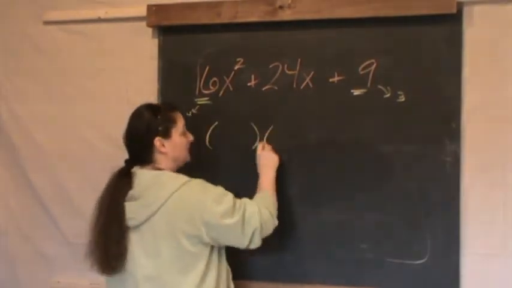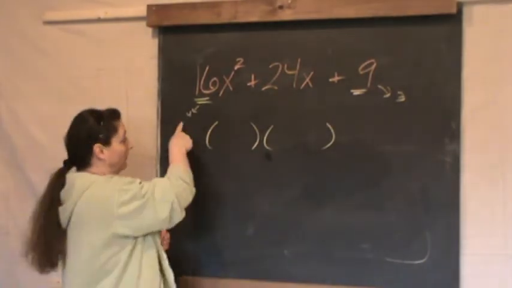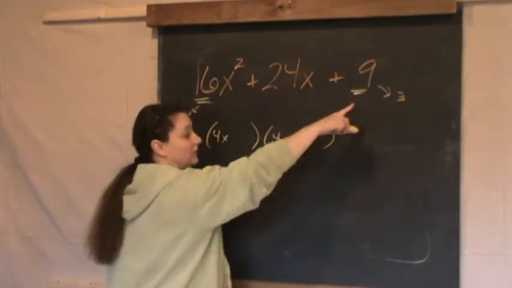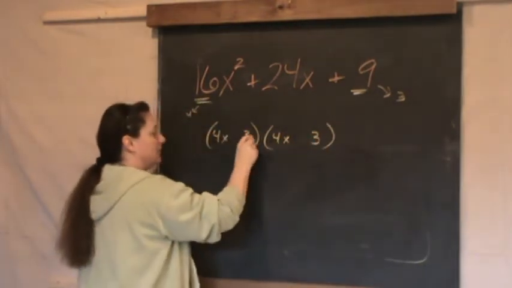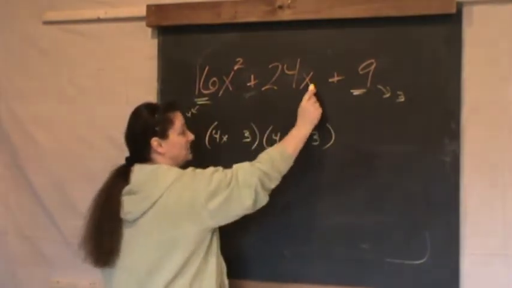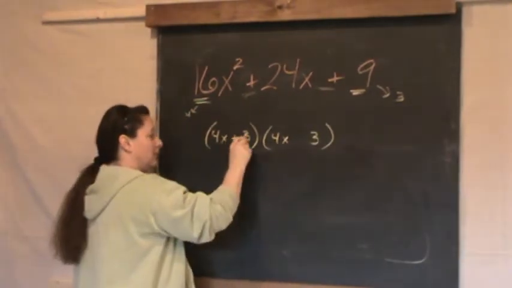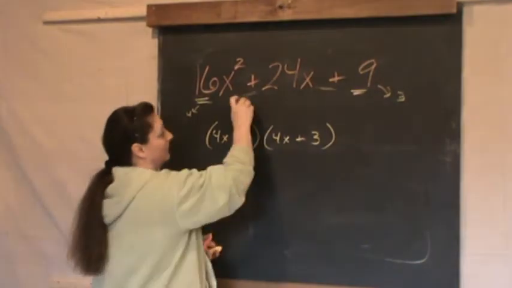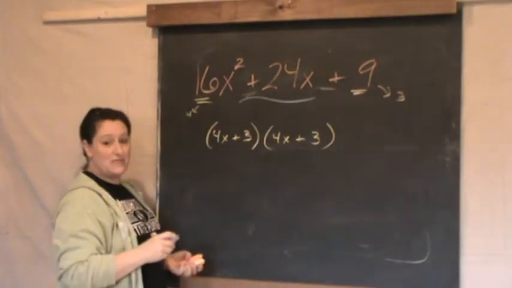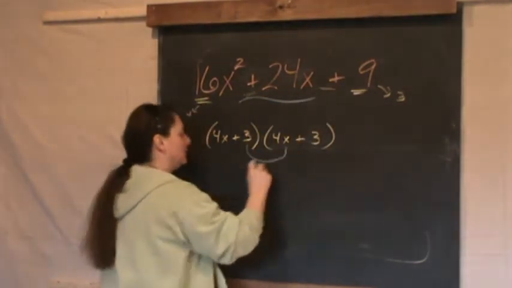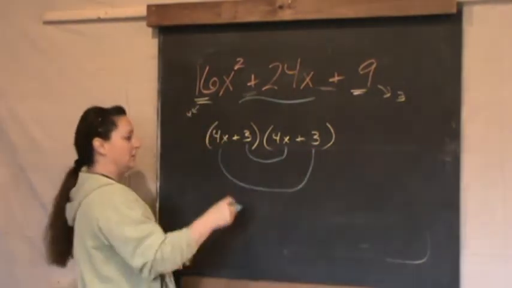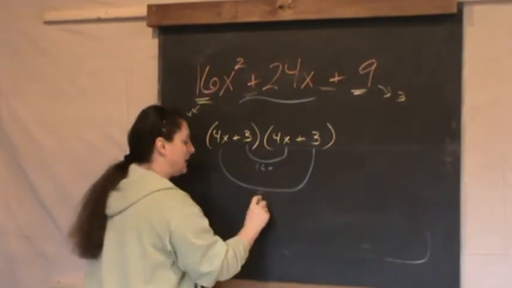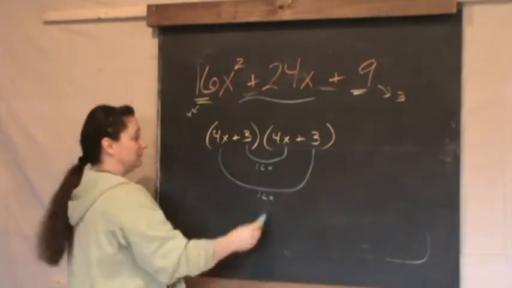So let's see if that's what we need. 4x, 3, whole thing's addition, and then let's check if that's what we get in the middle. 3 times 4x, 12x. 4x times 3, 12x.